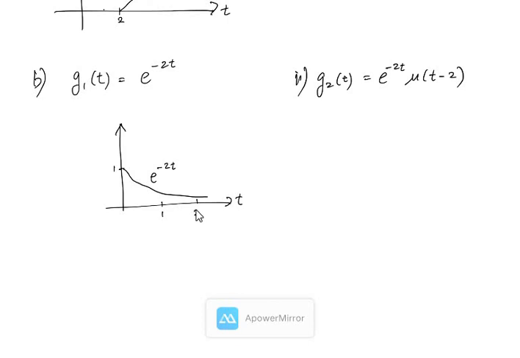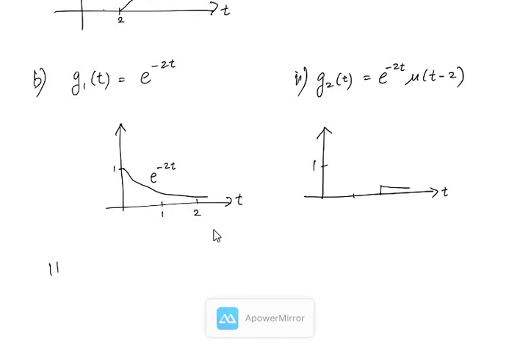We just want the graph for unit step t more than 2. Before 2 we don't want. So the graph will be like this. We just left the graph after 2.